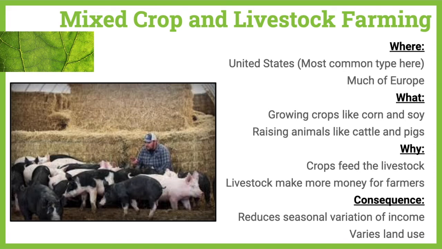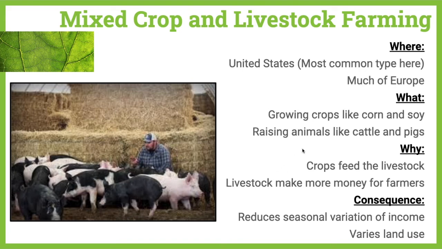Mixed crop and livestock farming is, again, sort of exactly what it says. Mixed crops and livestock. We're doing both, right? Growing crops like corn, soy, and then raising animals with them like cattle and pigs. And believe it or not, a lot of this corn and soy is actually grown to feed the livestock because the livestock can make the farmers more money.